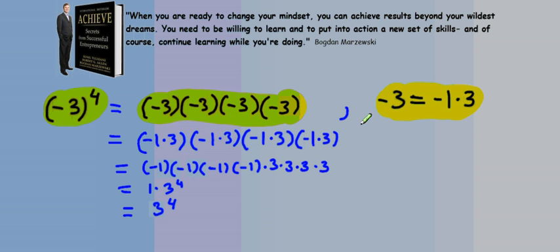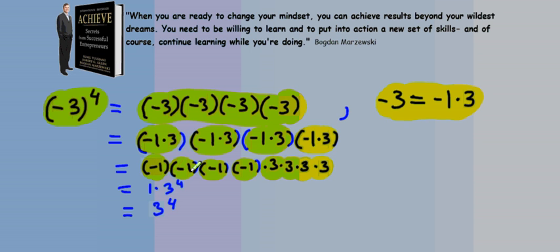So using this analogy, now -3 in each bracket is expressed as a product -1 times 3 repeated 4 times. Then when we regroup, we have -1's put together and positive 3's put together and multiplied together. So -1 multiplied 4 times gives you +1, because you group 2 negatives at a time.